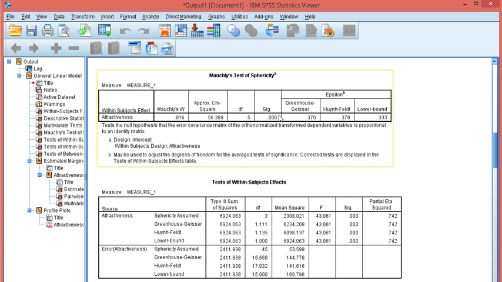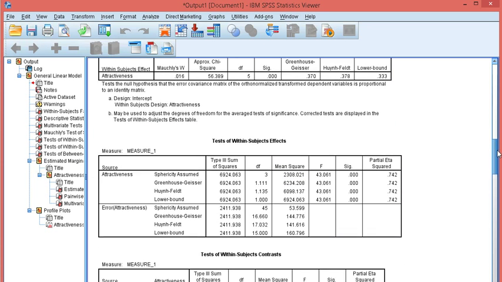So since the p-value is less than 0.05, this means that there is a significant difference in the variances within the levels. So basically our assumption has been violated, and that would have some consequences in interpreting or reading our ANOVA results.